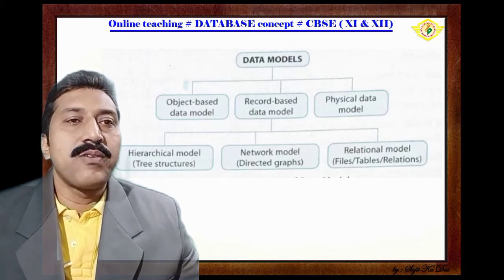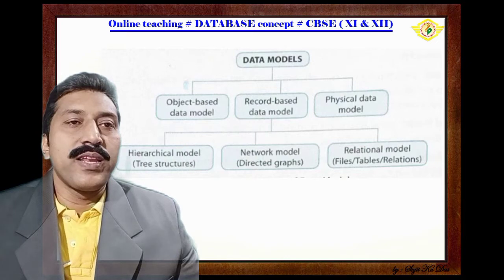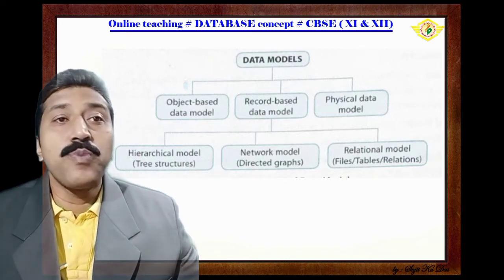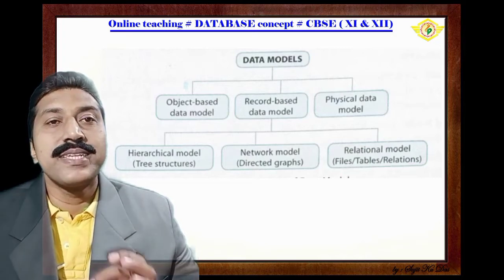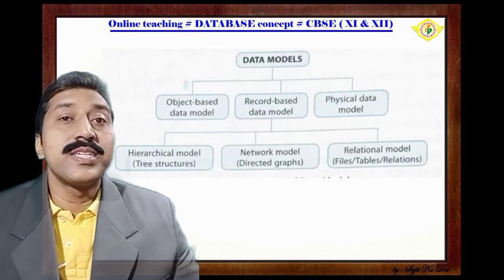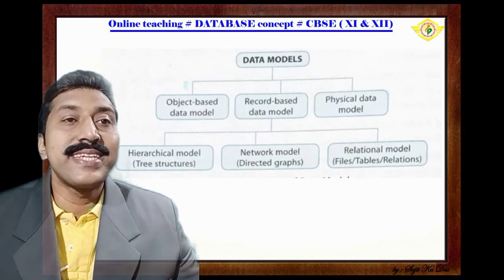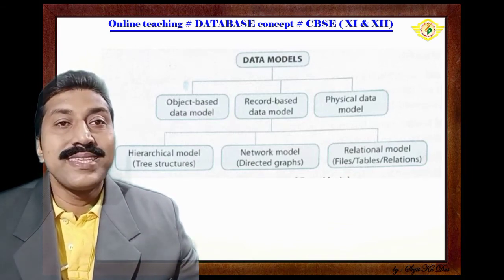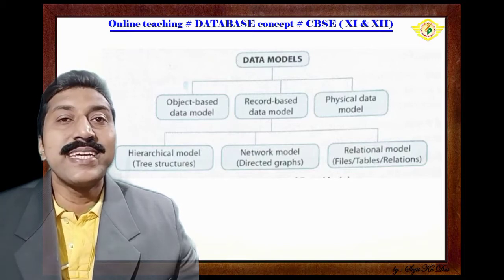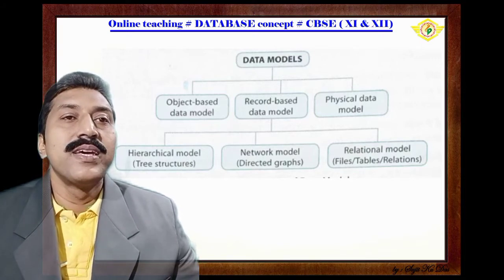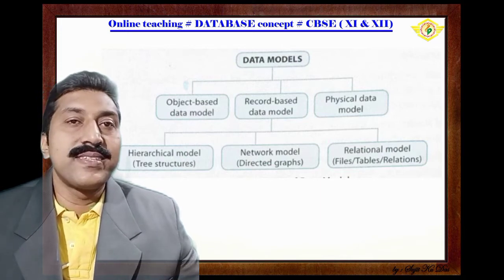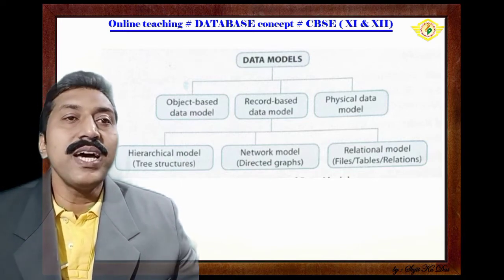Next we'll discuss the relational data model, which is very important. The most popular data model in DBMS is the relational model. It is a more scientific and stable model than the other two models, since there are no pointers involved with the records.